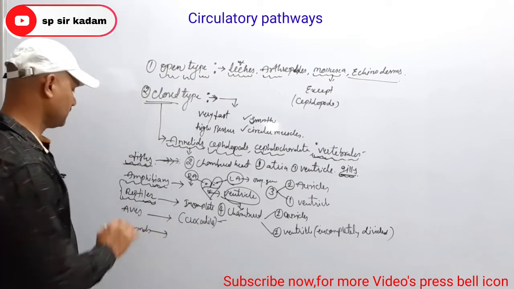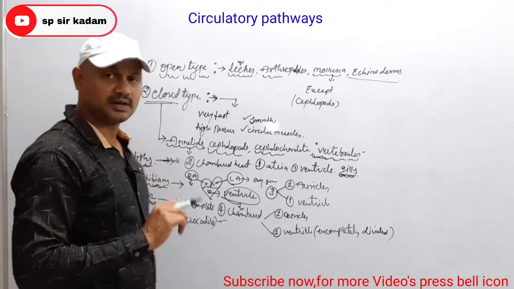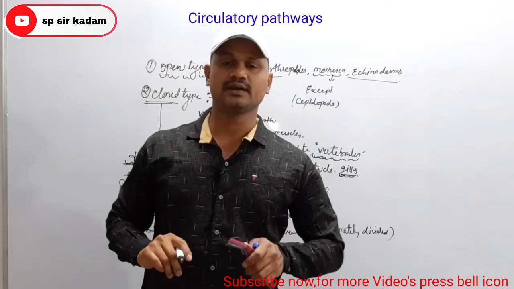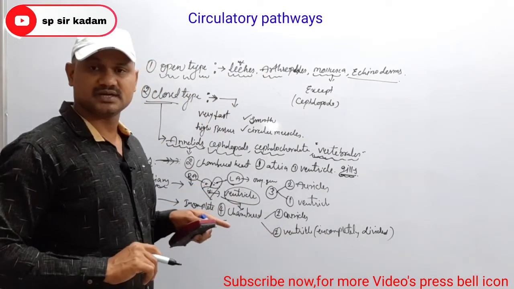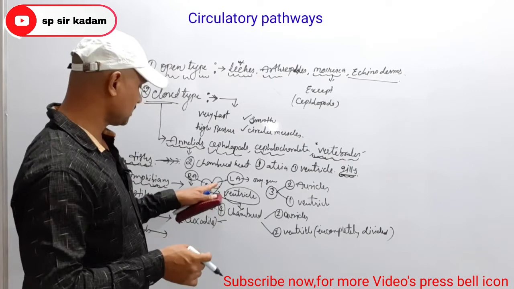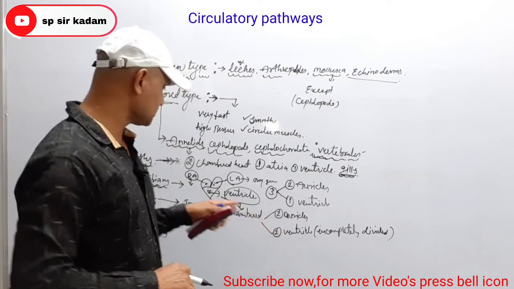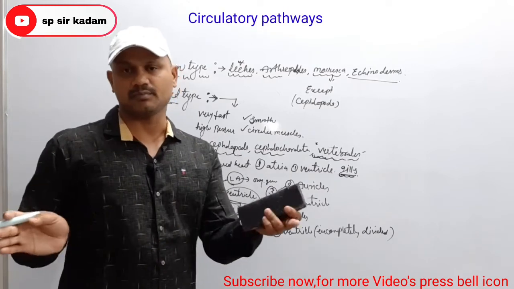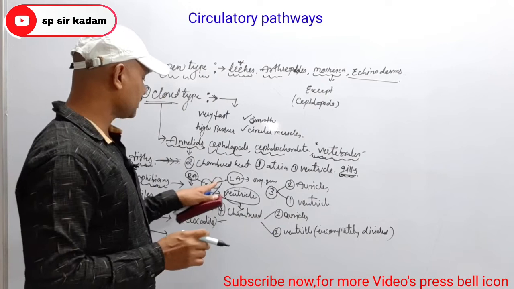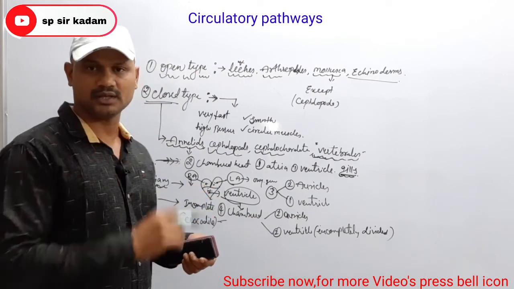Except crocodile. So once again, in amphibians, a three-chambered heart, that is two auricles and one ventricle. The right auricle receives deoxygenated blood from the different body parts, and the left auricle receives oxygenated blood from the respiratory organs. So in these two auricles, blood is completely separated. But in the ventricle, mixed blood is distributed to the body parts.